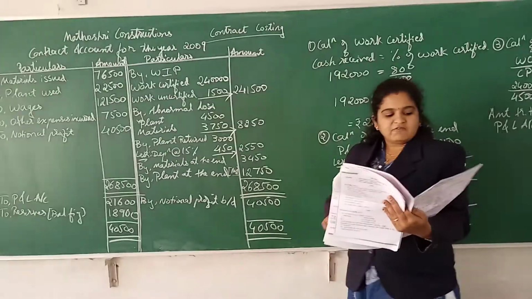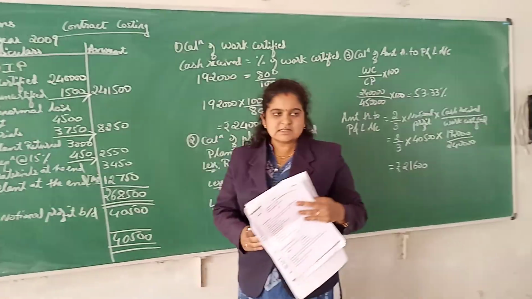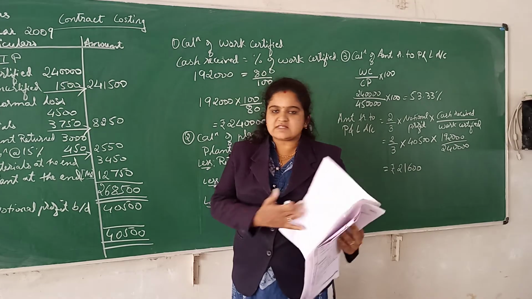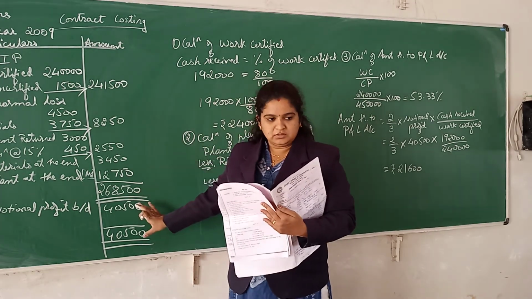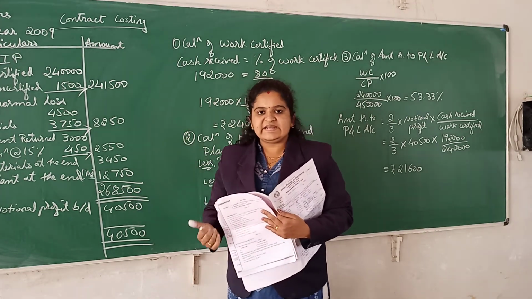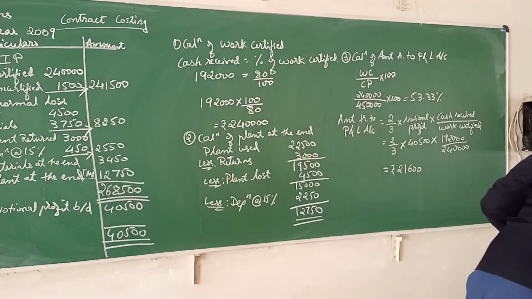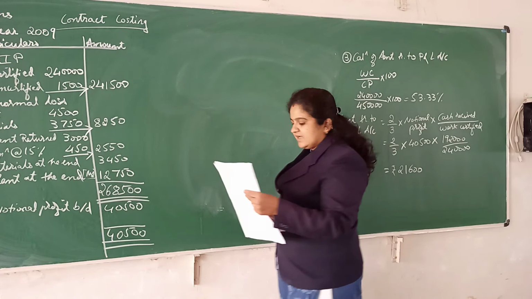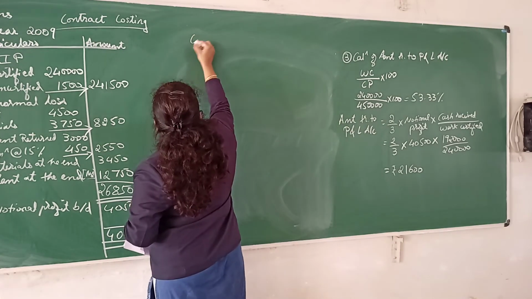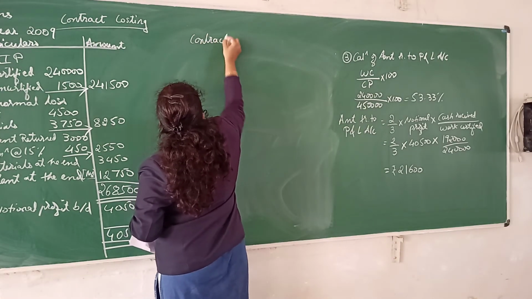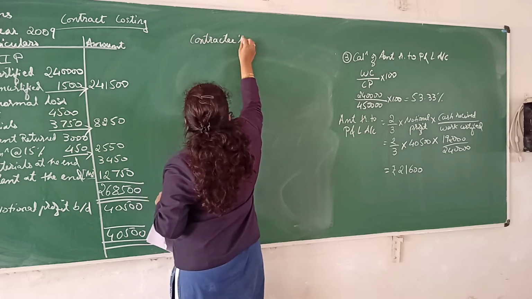Okay. Now, one more account they have asked, that is contractee account. So, we have prepared contract account. Now, we will prepare contractee account. Okay. Write down here. Contractee's account.